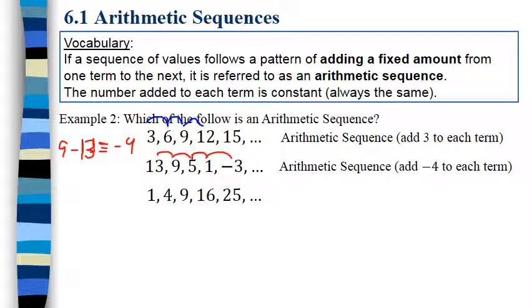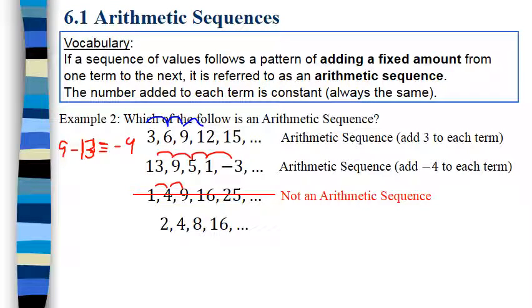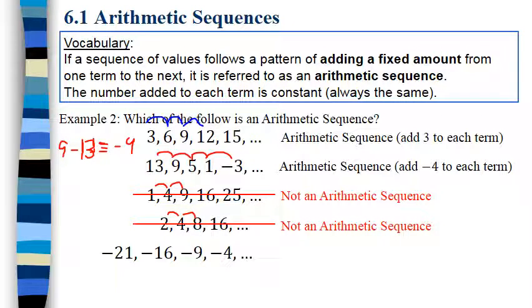Is this an arithmetic sequence? Well, to go here, we have a difference of 3, and from here to here, we have a difference of 5. So this is not an arithmetic sequence. Here, we have a difference of 2, and then a difference of 4. Not an arithmetic sequence.